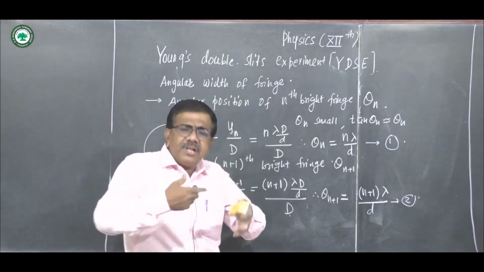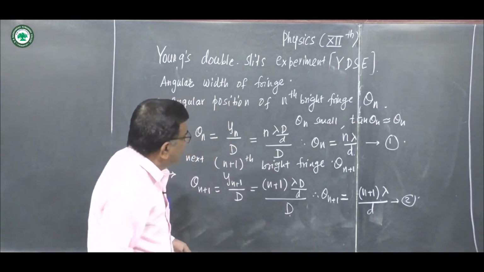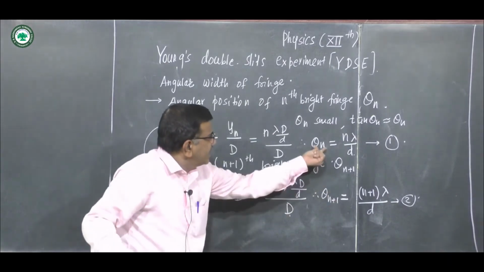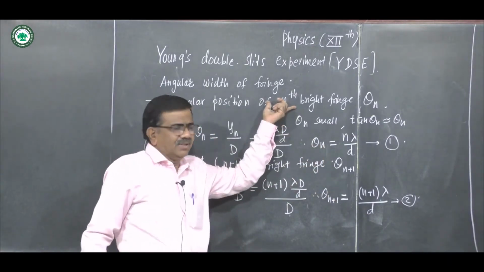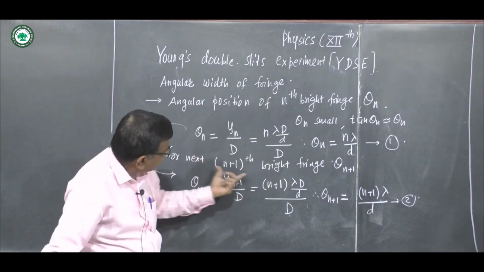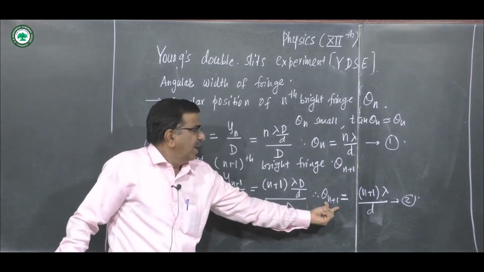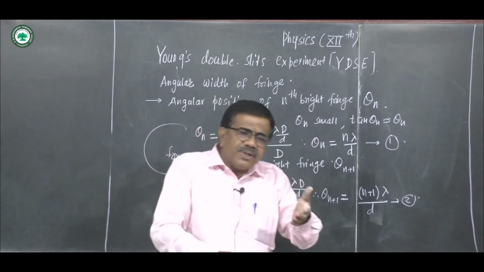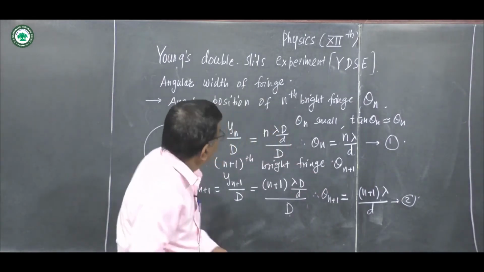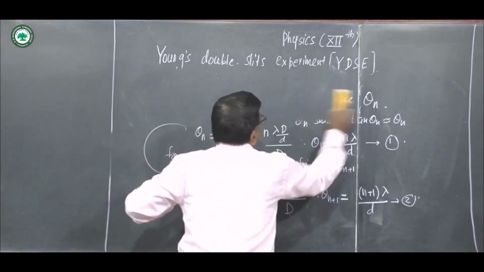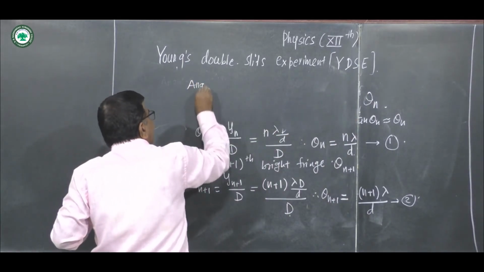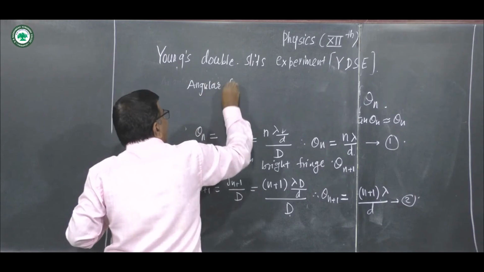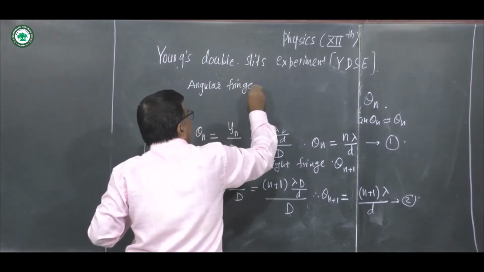Now we find the angular fringe width, that is the difference between these two angles. This is for the nth bright fringe, this is for the next n plus 1th bright fringe. Angular fringe width is the difference between these two angles.